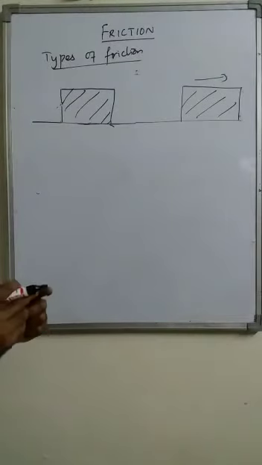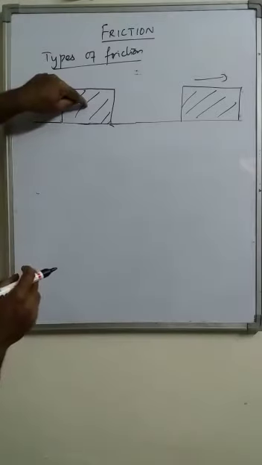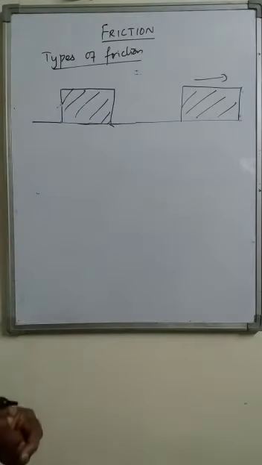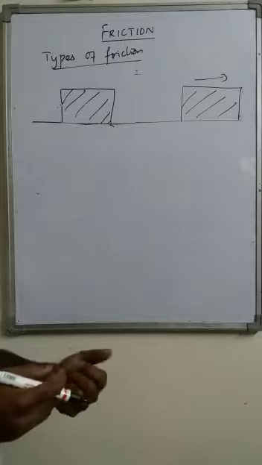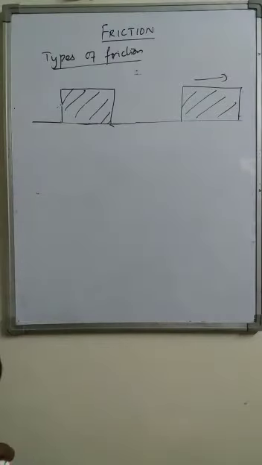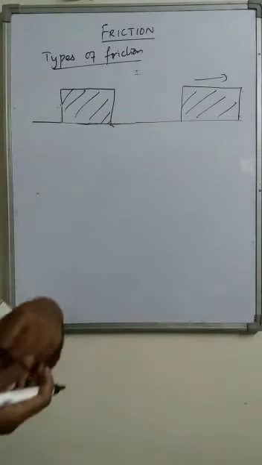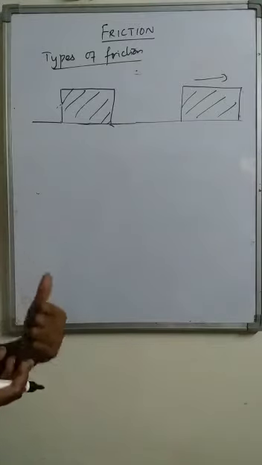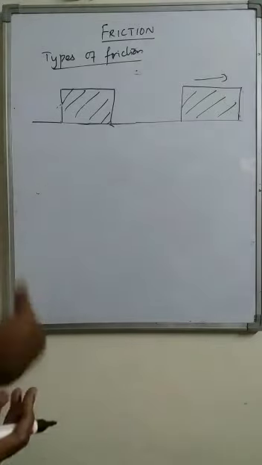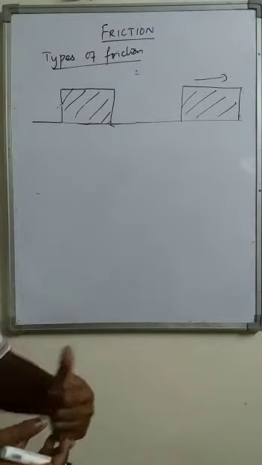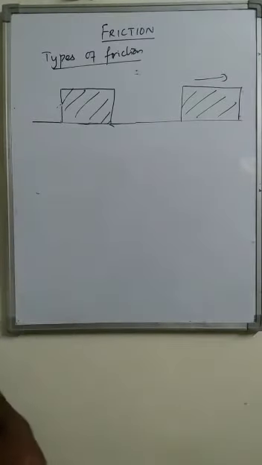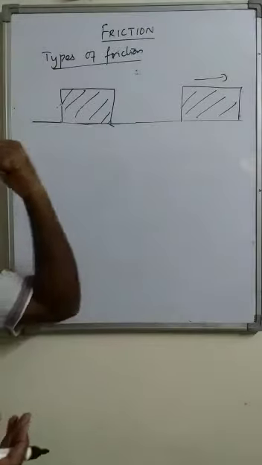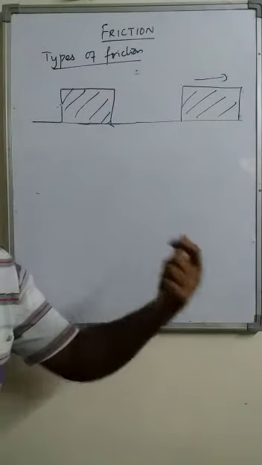And these irregularities on the block and the surface get sufficient, excess time for the interlocking. When the irregularities get sufficient time for the interlocking, then the interlocking becomes stronger, and then the friction is also greater.